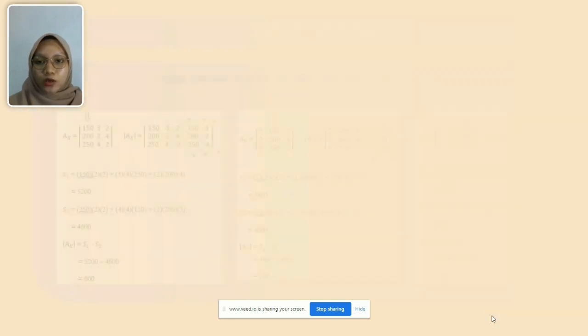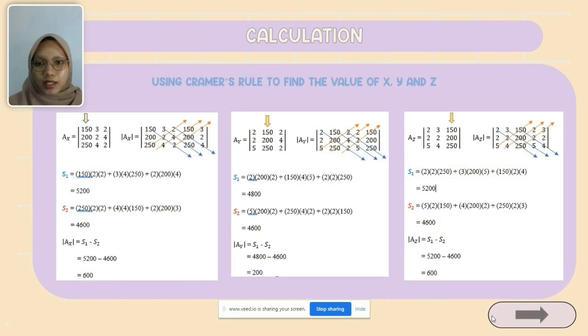Next, we need to find the determinant of Ax, determinant of Ay, and also determinant of Az. First, matrix Ax, we change column 1 into matrix B. To find determinant of Ax, S1 minus S2. So 5,200 minus 4,600 and we get 600. Next, matrix Ay.